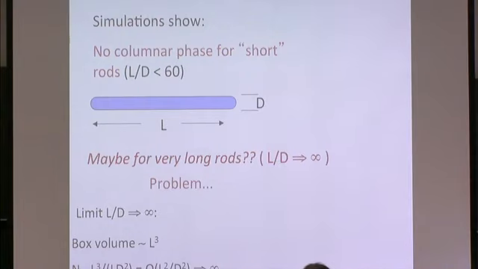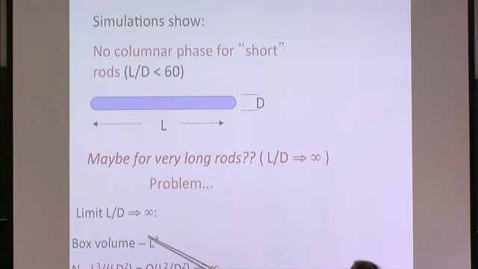Now the thing is, this is a bit of an issue with simulations, because if you have an infinite aspect ratio, still in the simulation box these particles have to fit in. So you want the simulation box to be at least large enough to accommodate the particles.